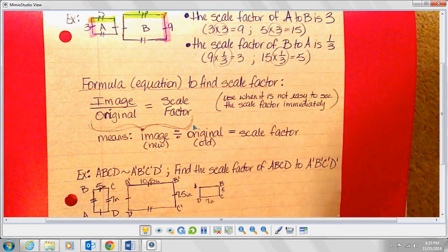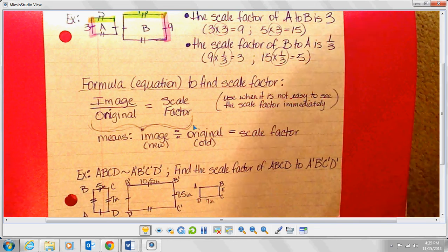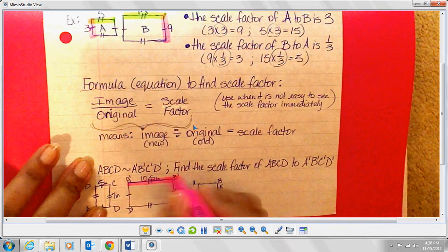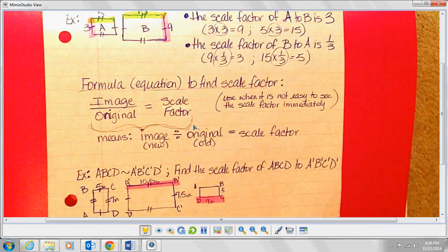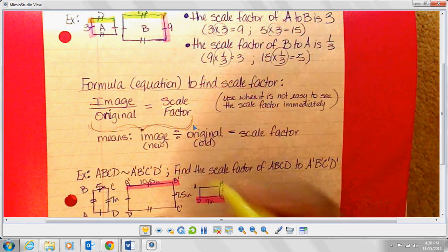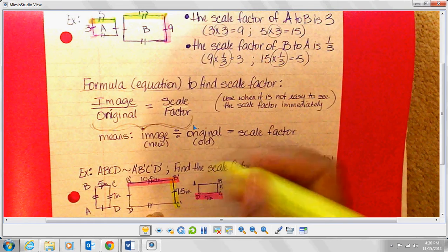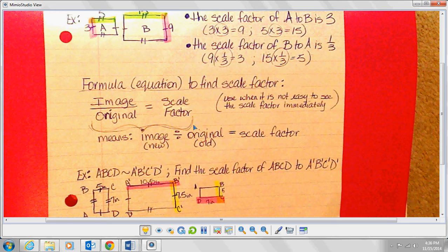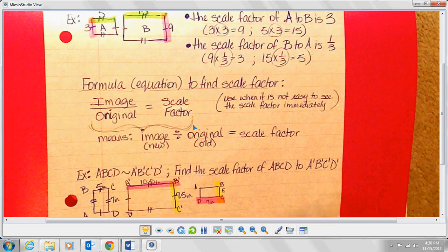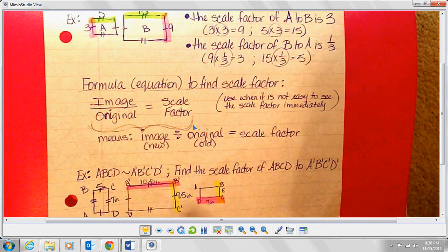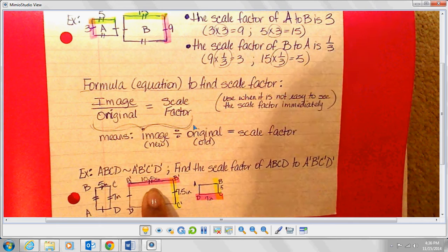So basically what this means is that my corresponding sides and lengths are going to be the 10.5 and the 7. And the other two that correspond would be the 5 with the 7.5. Now if I am following my formula up here, it says to take the image, and in this case, the image is the one with the prime marks.